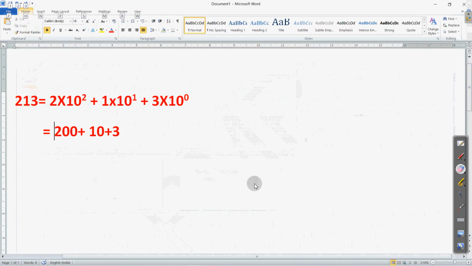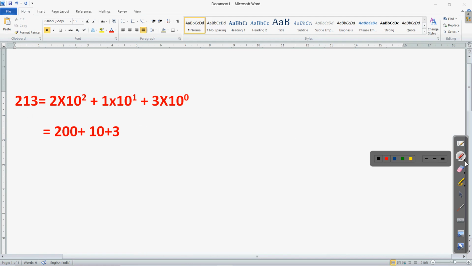Here we have taken 213, which is different from the book example. As you can see, all these digits, like 3, are multiplied with the base, that is 10. And the difference is the power.